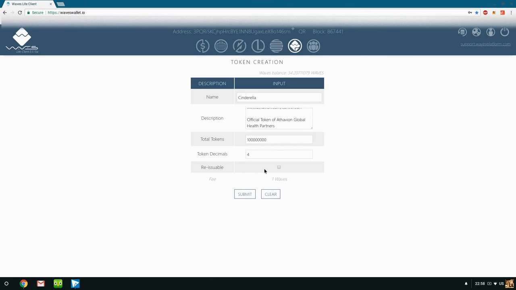This next one is the reissuability of it. It should be kind of evident what that means, and there's a little blue box that explains it. But I'm going to make it non-reissuable. And the reason I'm going to be doing that is that it means that the token won't lose any more value. There's a finite supply.